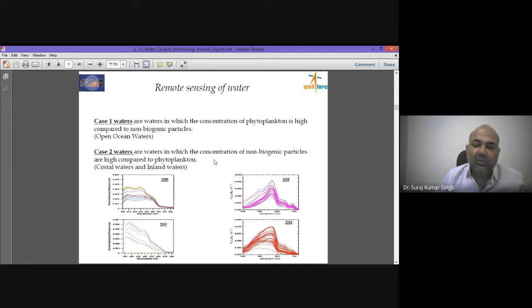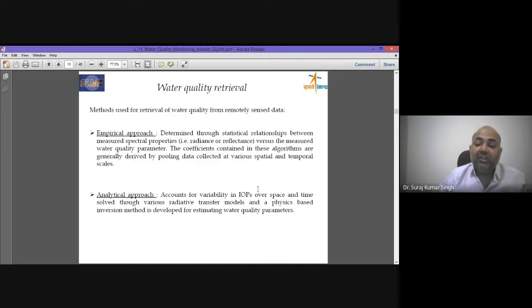Case 2 is water with a concentration of non-biogenic particles high compared to phytoplankton. If the phytoplankton is very high, the amount of reflectance in the infrared band, as with vegetation, is on a higher side, and if you compare that with the non-vegetated portion, that is very low.